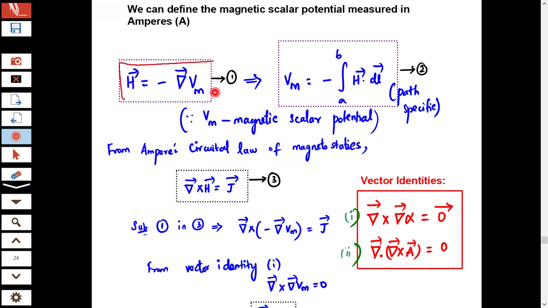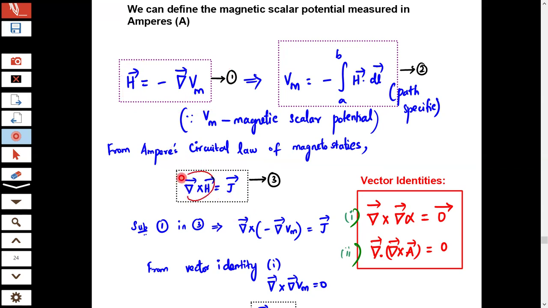So taking equation number 1, finding curl of H and equating it to current density, that's what we are going to do. Now, curl of H will be evaluated. That is, the left-hand side of equation number 1 will become del cross H, and the right-hand side will become del cross minus del Vm.